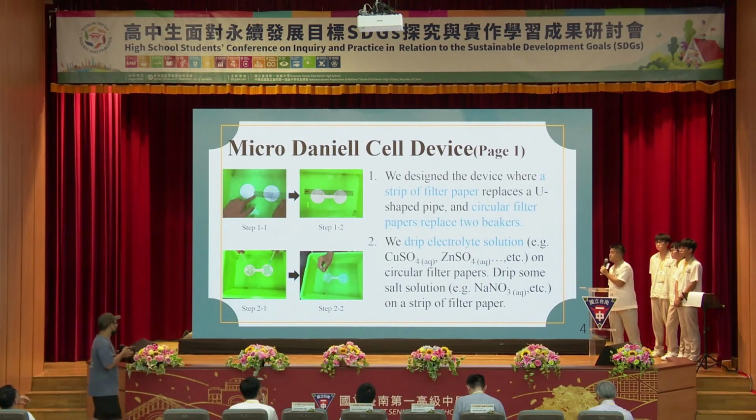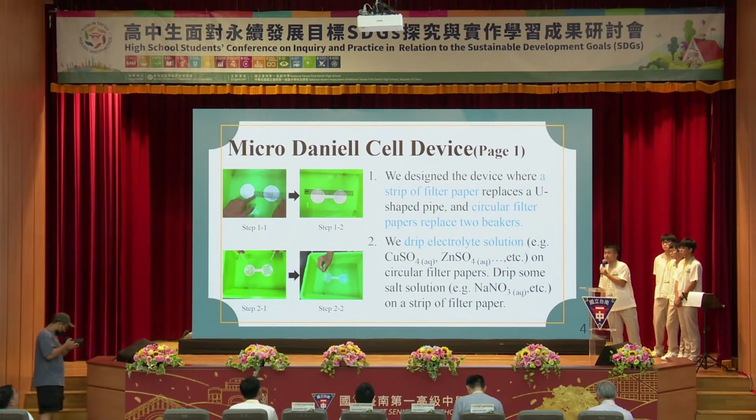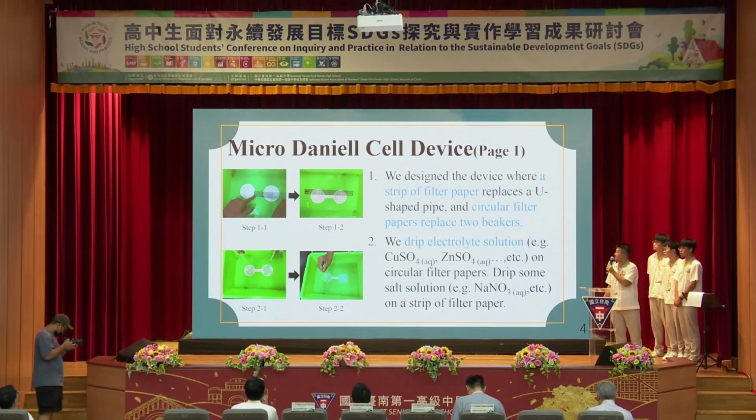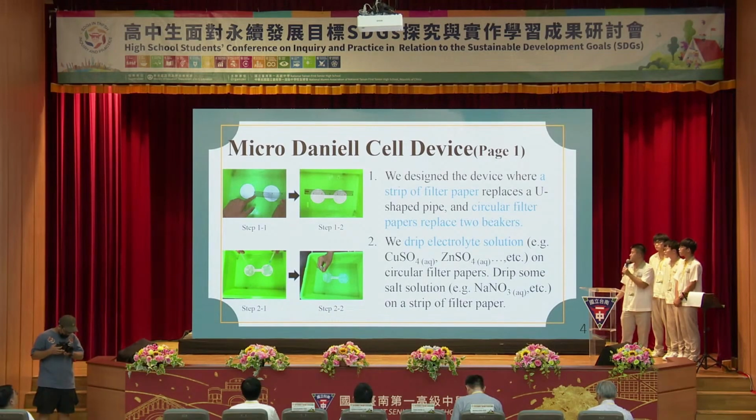In this part, you can see how we conduct our experiment. First, we design the device with two circular filter papers and 1 strip of filter paper to replace the 2 beakers and a U-shaped pipe. Second, we drip electrolyte solution on both the circular filter paper and the strip of filter paper.